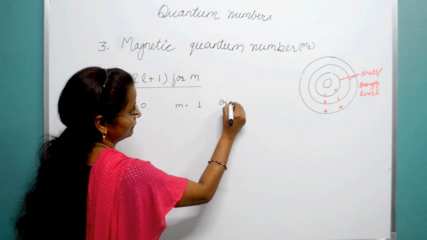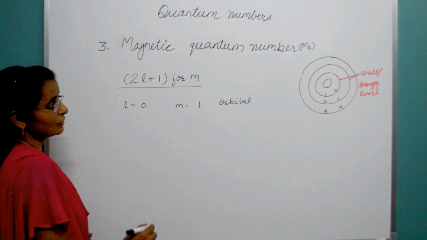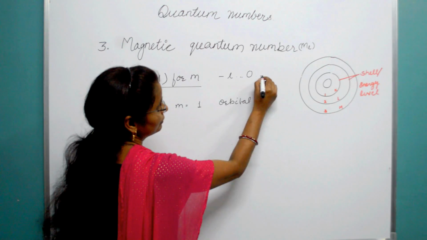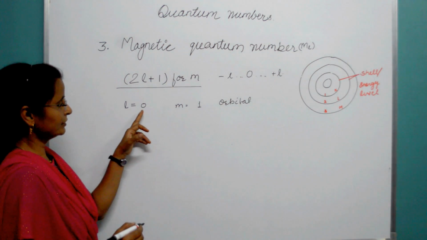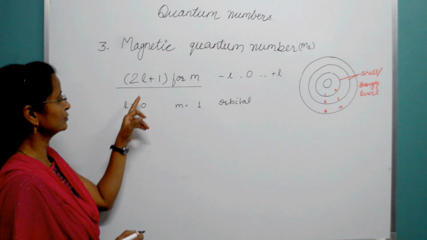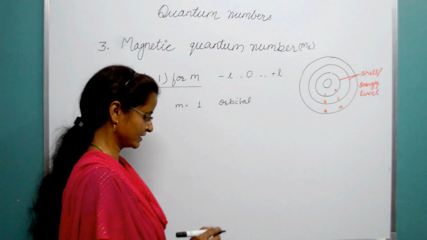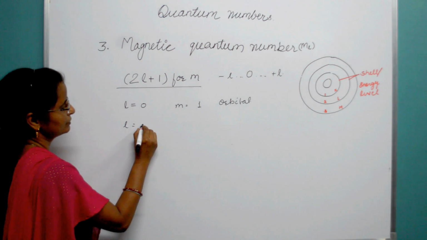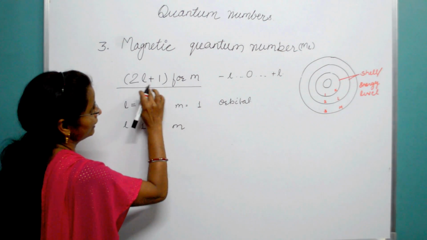The value always ranges from minus L through 0 to plus L. So for L equal to 0, putting this value in the formula, 2 into 0 plus 1 is 1, so only 1 orbital is present.